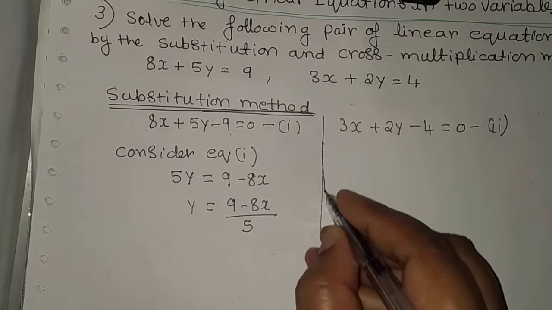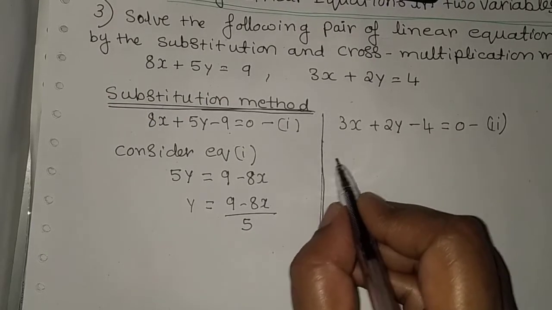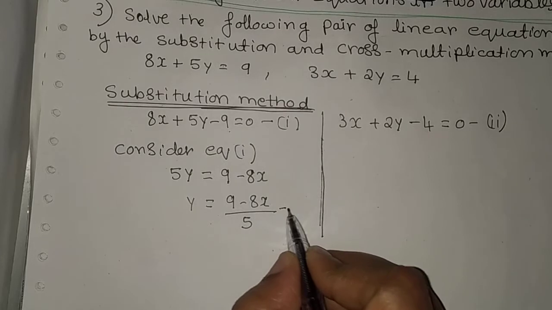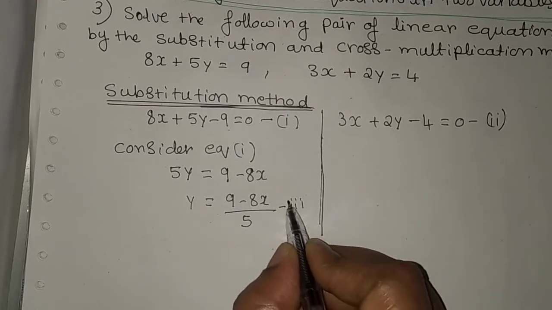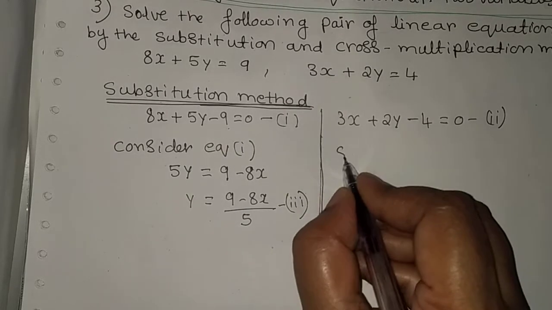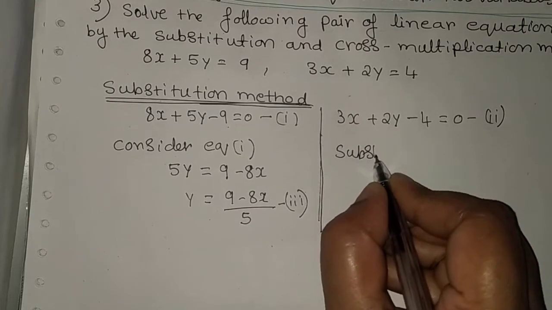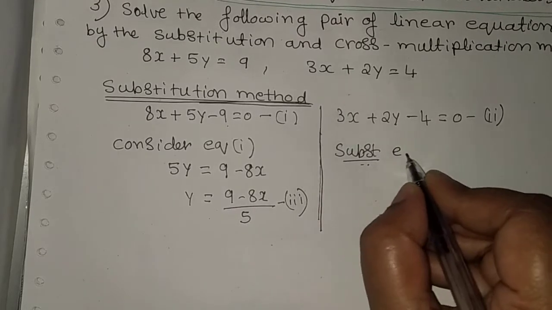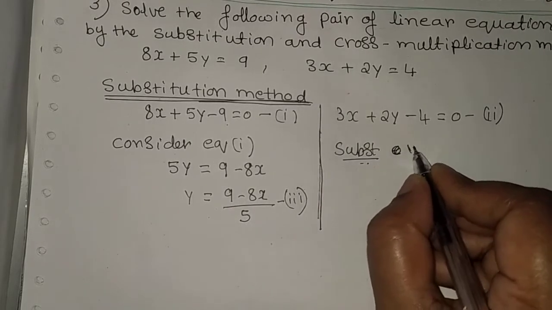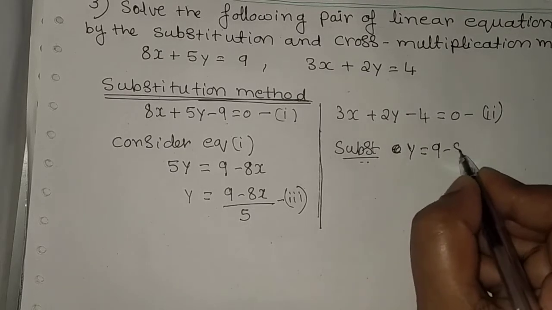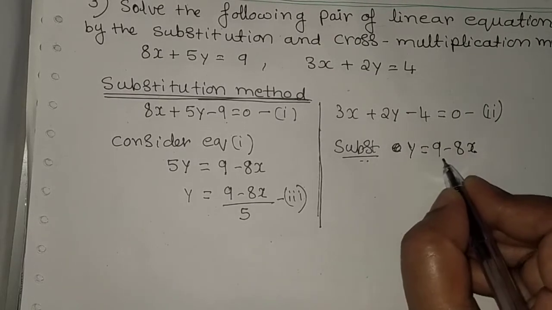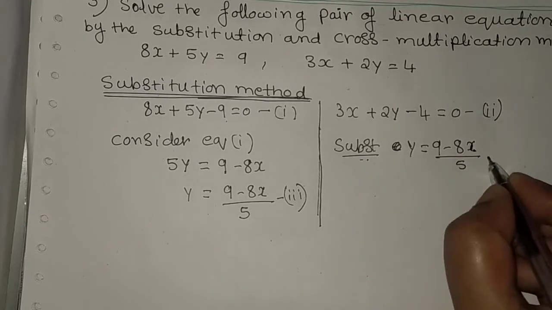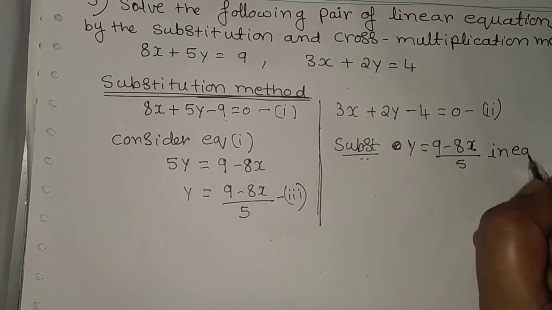Next step, give this as equation 3. Now substitute y is equal to (9 minus 8x) by 5 in equation 2.